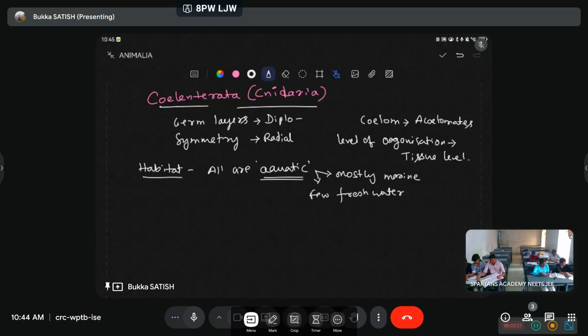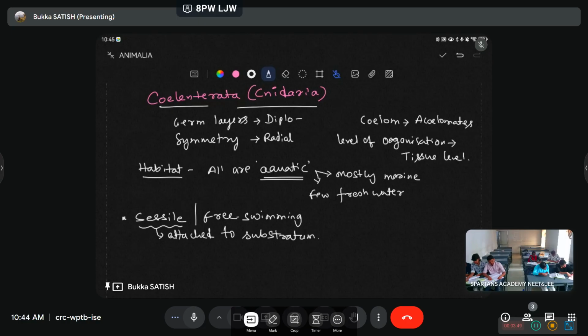Next, sessile or free swimming. Both forms are present. See, sessile means what? Attached to the substratum, which means they will not move. Earlier also we have seen this thing.